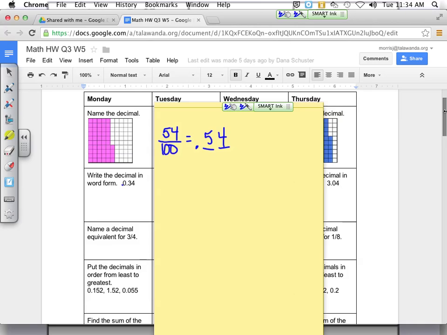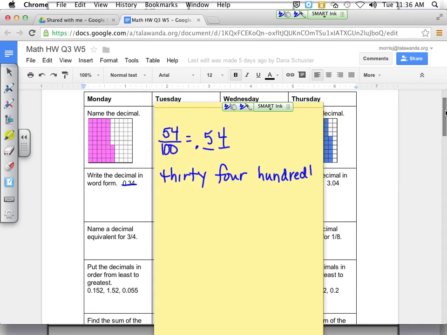Write the decimal in word form. So, word form, what do you see? What should we write for the word form? Amanda? 54 hundredths. So what we're going to write is 54, and then we write what place it's in. So we have 54 and it's in the hundredths place.